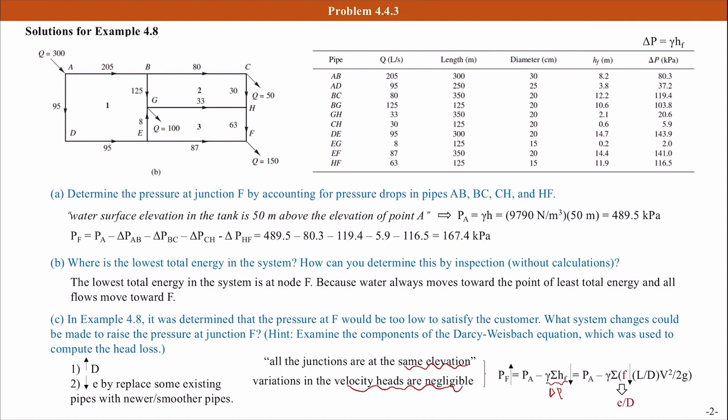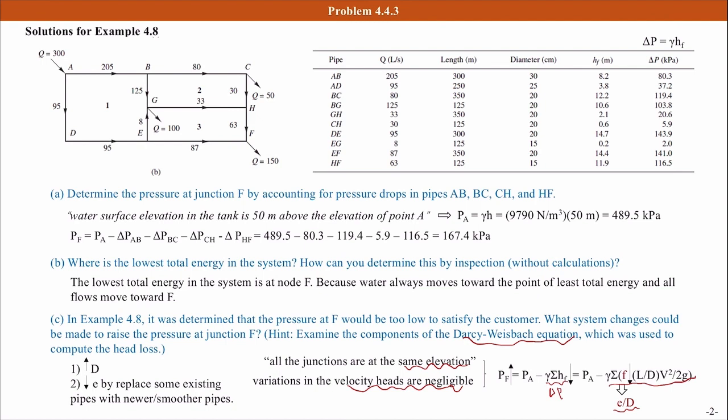We can represent the friction loss using the Darcy-Weisbach equation, and we can get this one. To increase the pressure at point F is to decrease the friction loss from point A to F, which is to decrease the friction factor. And based on the Moody diagram, to decrease the friction factor, it means to decrease the relative roughness. To do that, we have two options.